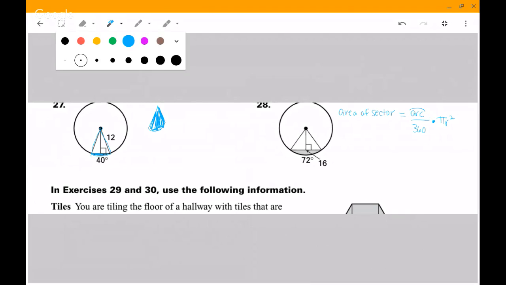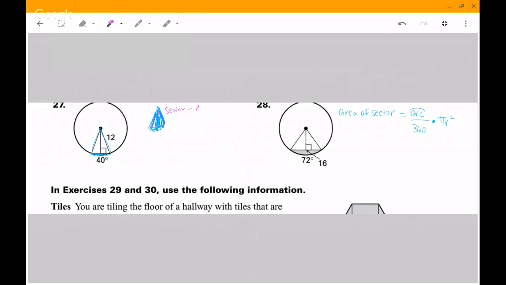You used that on your quiz, actually, the one that you missed. So that would be if it was the whole piece of pie. But then you could take out the triangle. So you could subtract the triangle, so sector minus triangle. And that would give you just the crust left over.